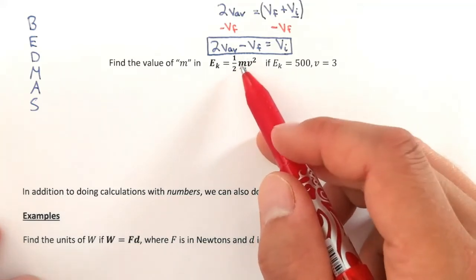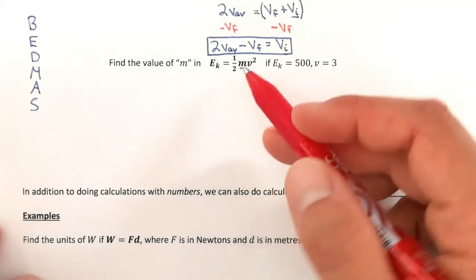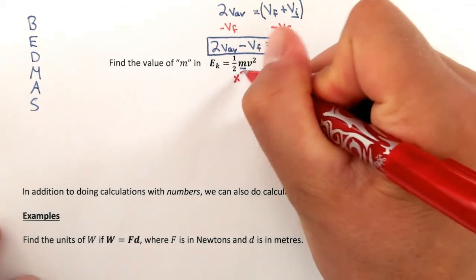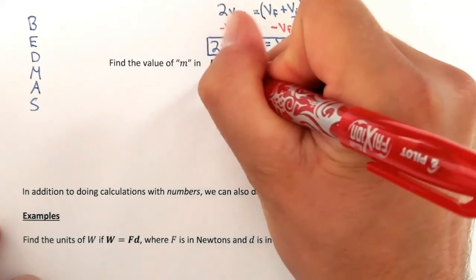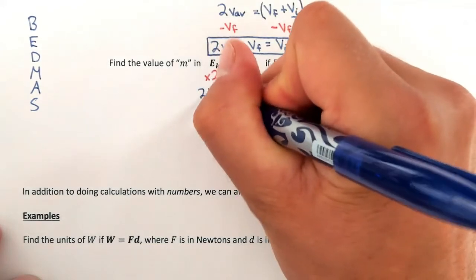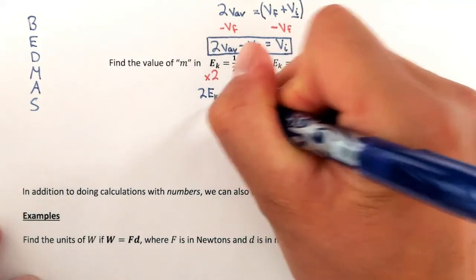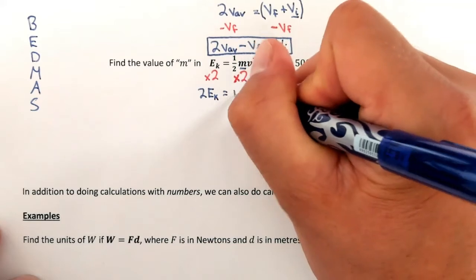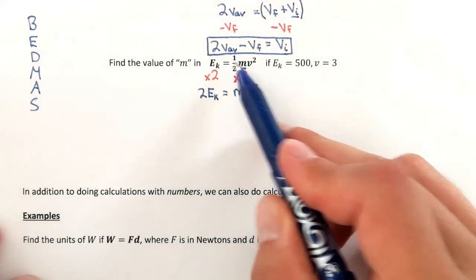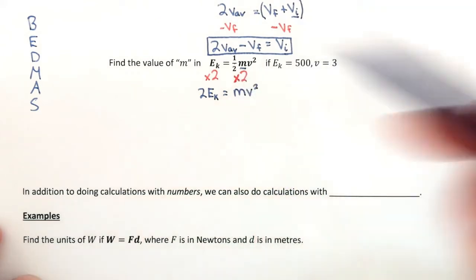I find most students find that approach the most intuitive, so that's what I'm going to do. I'm going to multiply this side by 2, and the same to the other side. That's going to give me 2ek equals m v squared. This multiplication by 1/2 and a multiplication by 2 cancel each other out.